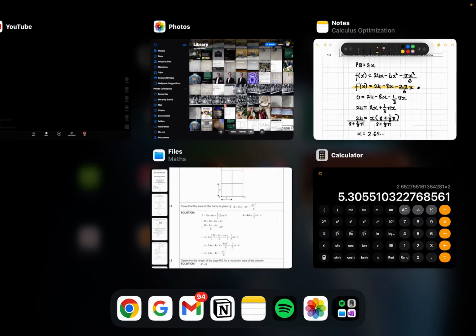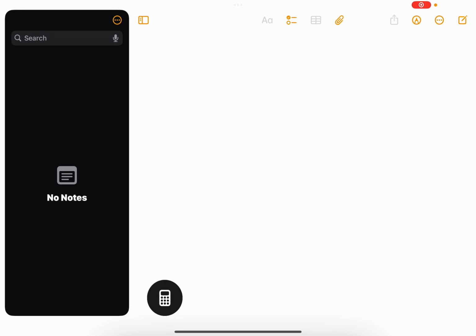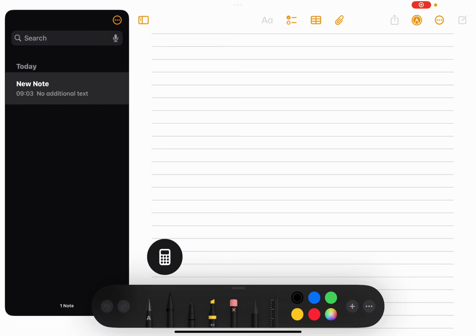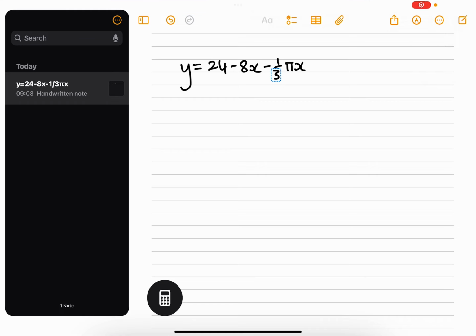And I'll see if I can plot this. So we are going to have y is equal to 24 minus 8x minus 1 over 3 pi x. Let's see if it will plot. If it won't, oh well. Did I turn this off? No, I didn't. Okay, so it's not working.